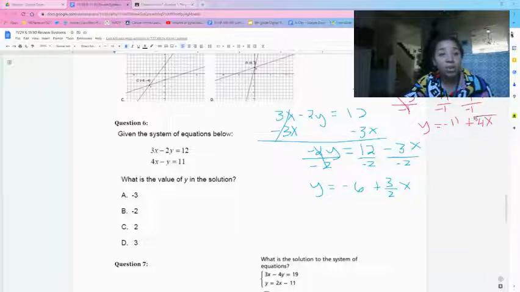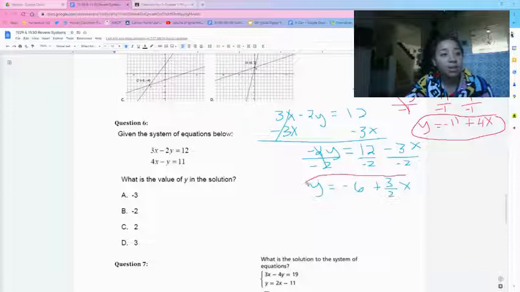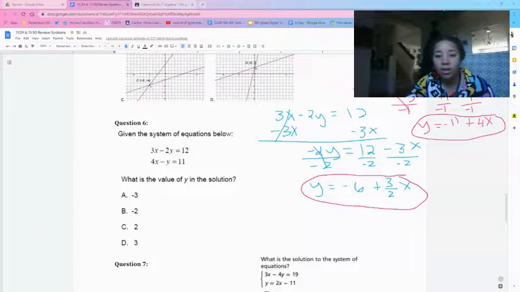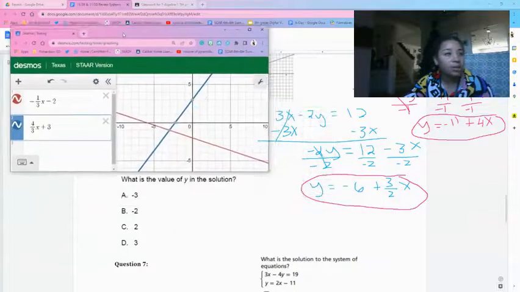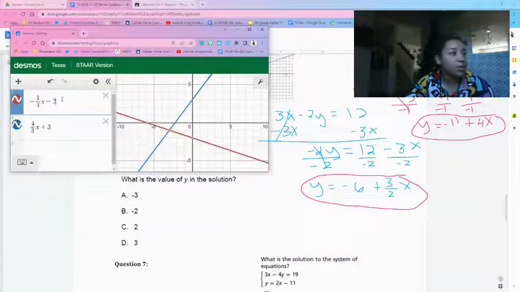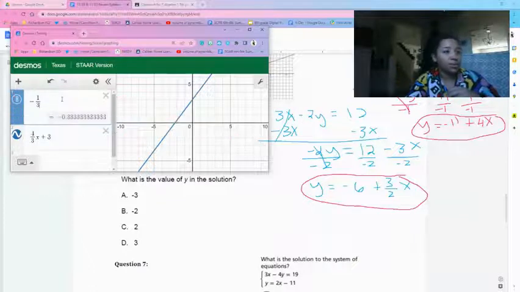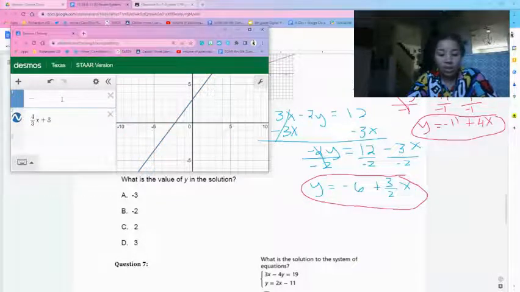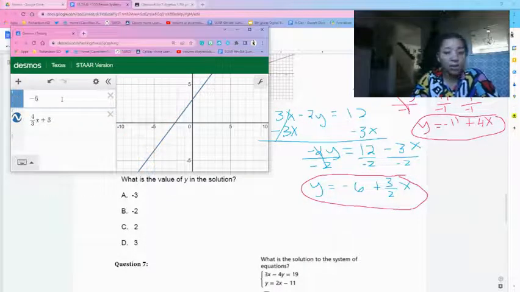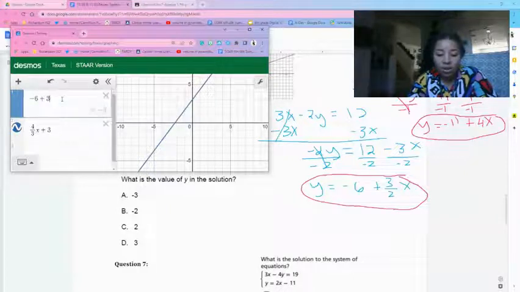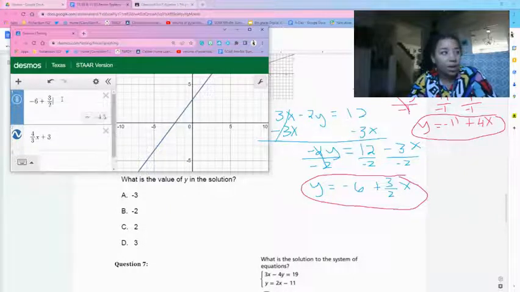Then once you have these both in y equals, you can simply type them into Desmos. Okay, so I'm going to grab my Desmos calculator again, and we're going to type them here. I'm going to do this first one, -6 plus 3 over 2x.